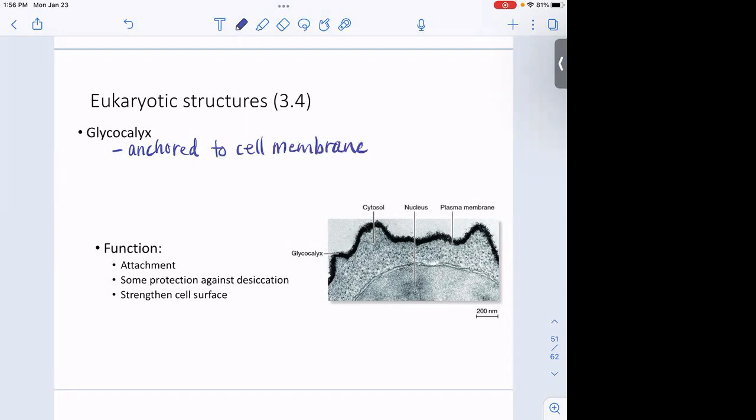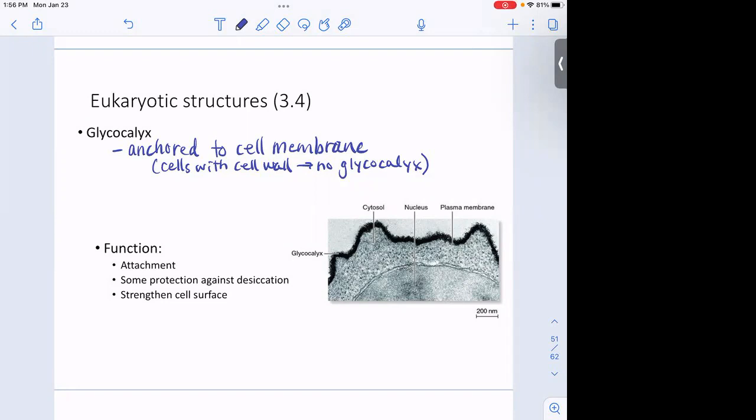Okay, in other words, any eukaryotic cell with a cell wall typically will not have a glycocalyx. So cells with a cell wall, then there's no glycocalyx. Okay, so it has some of the same functions as a bacterial cell.